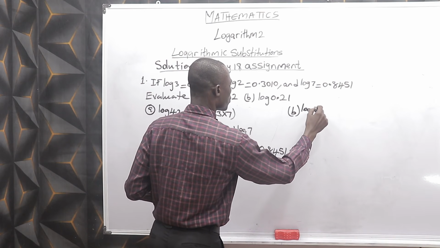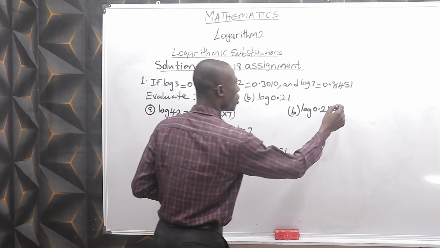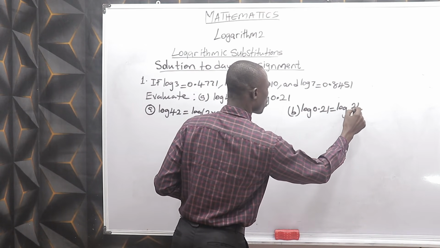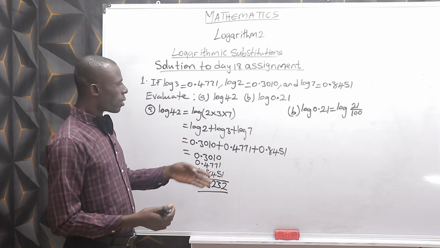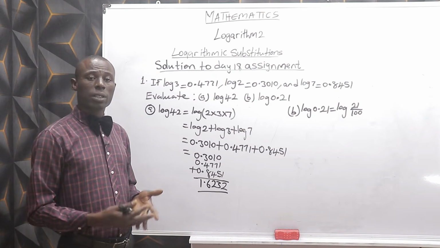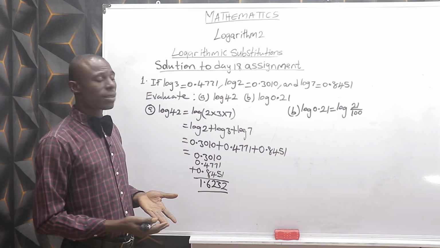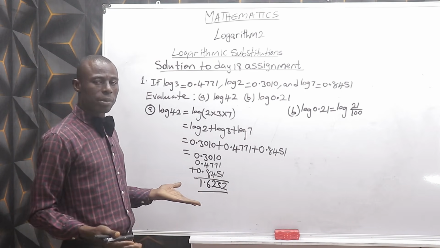Question B. Log 0.21 is log 21 over 100. If you try to simplify 21 over 100, there is no way to simplify it. Nothing goes in 21 and 100 at the same time.